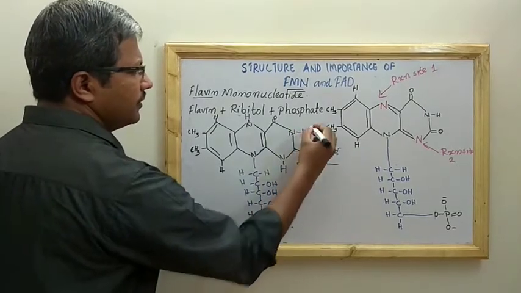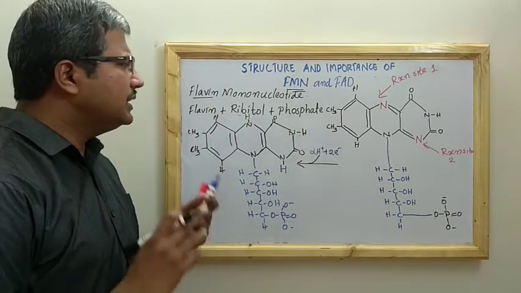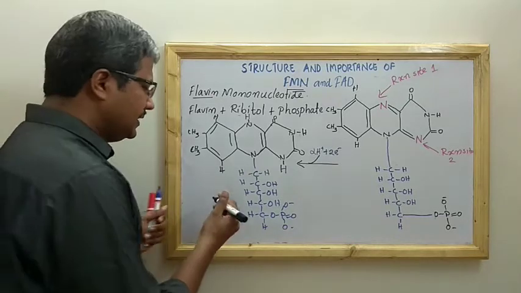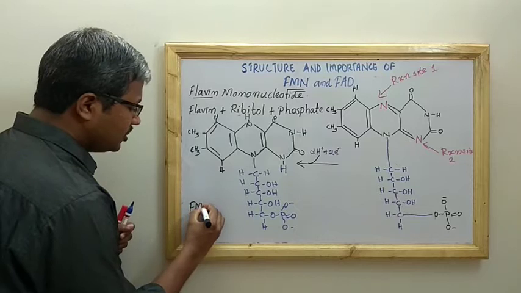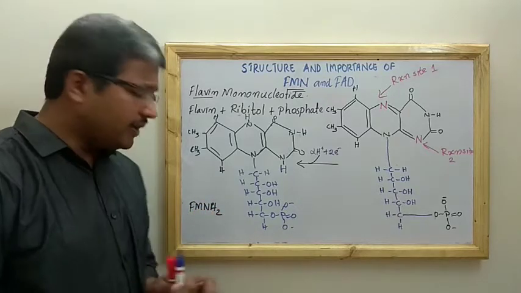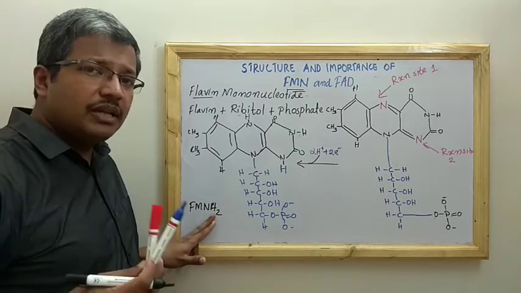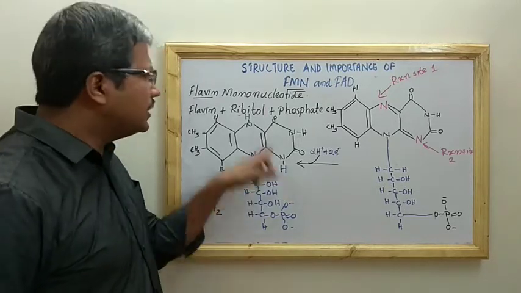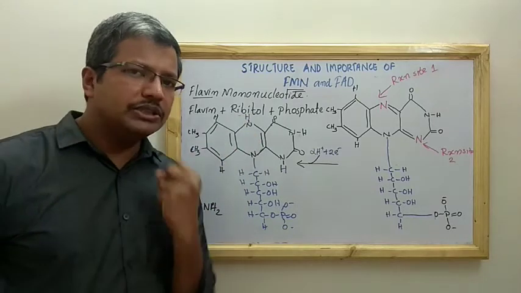So hydrogen is there. So this is actually the reduced form of FMN, and that is nothing but FMNH2. Here we are just writing FMNH2 rather than FMNH plus H+ because both hydrogens are added, no proton is out.